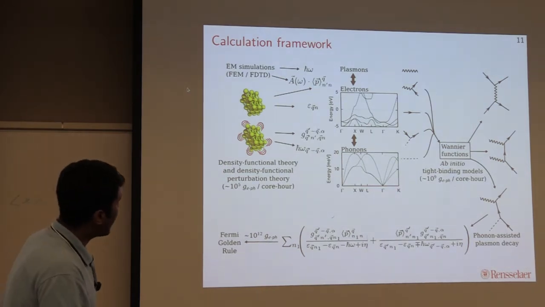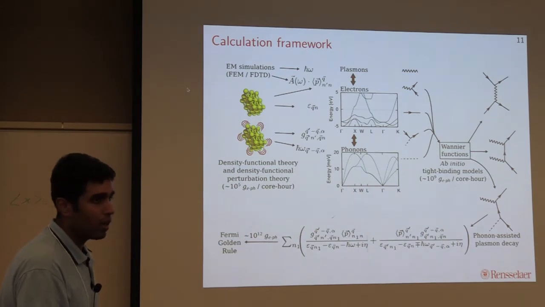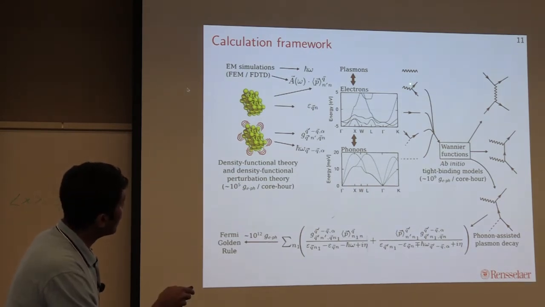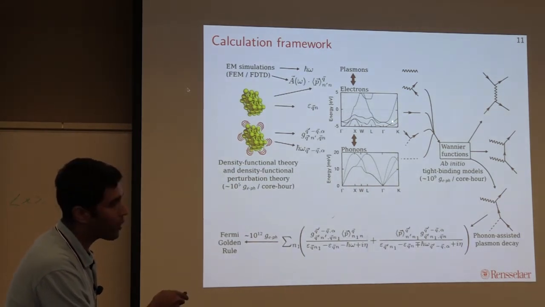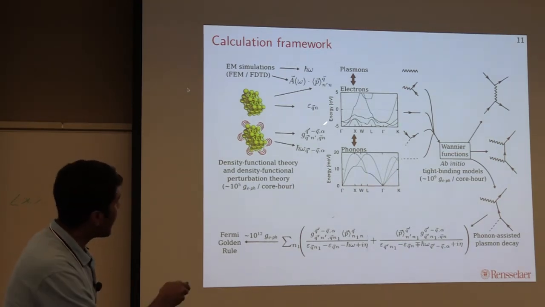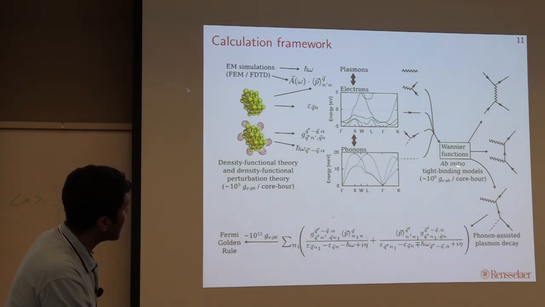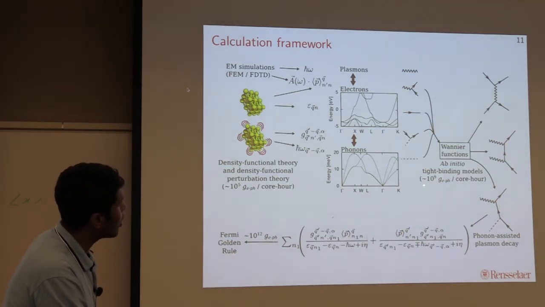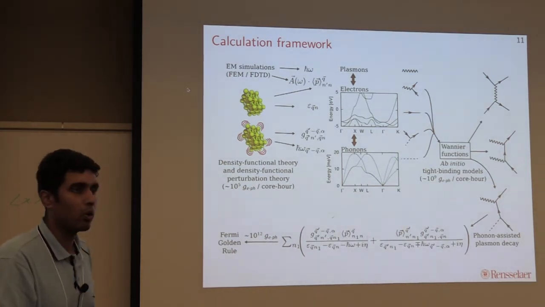So what we're going to talk about here are these ab initio tight binding models, which allow you to take these ingredients from density functional theory, interpolate them in k, and then evaluate these quantities at a much higher throughput, typically on the order of 1 billion matrix elements per core hour.